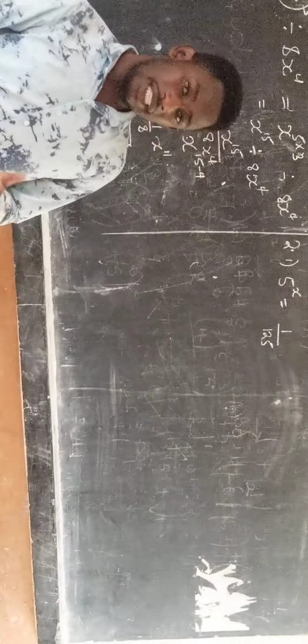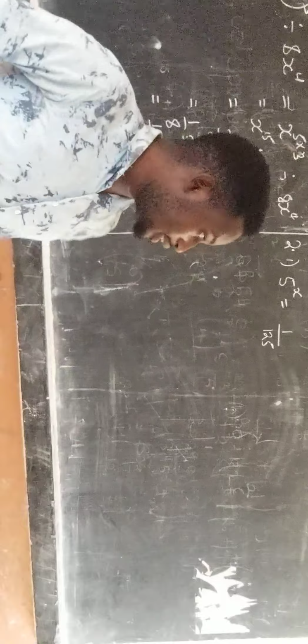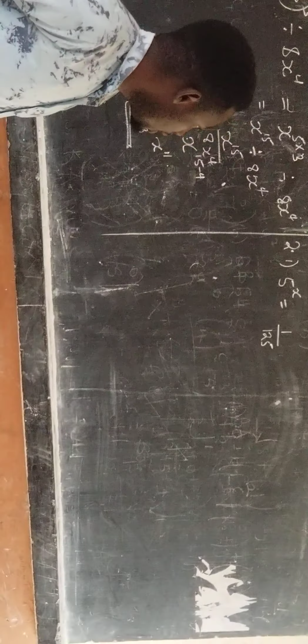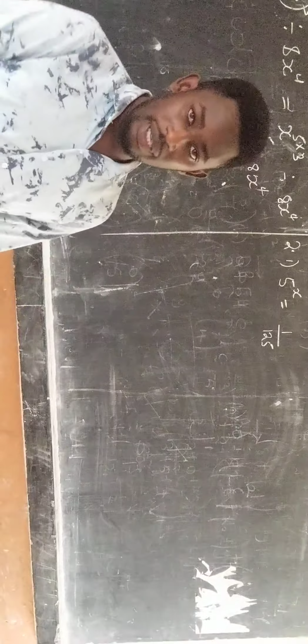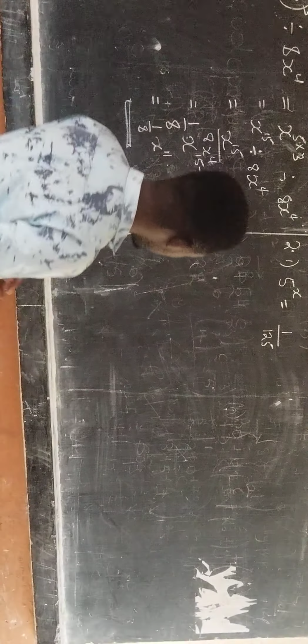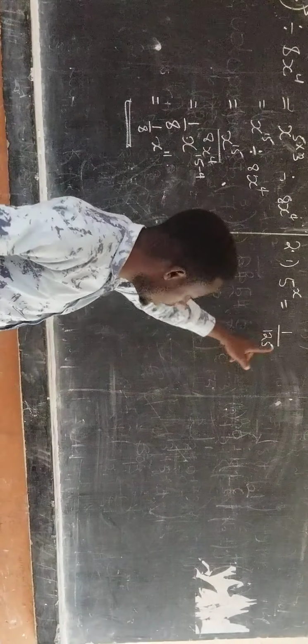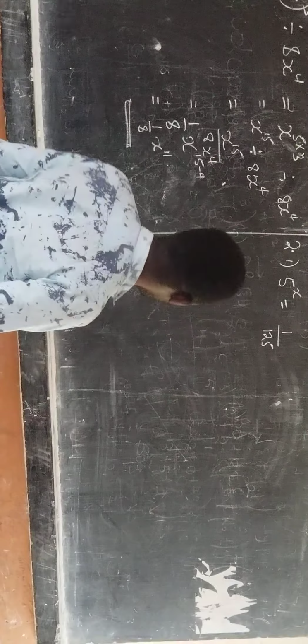Our intention would be to make sure the bases are the same. If the bases are the same, equate the powers. Is that okay? So I'm going to make sure I express 125 in terms of 5.